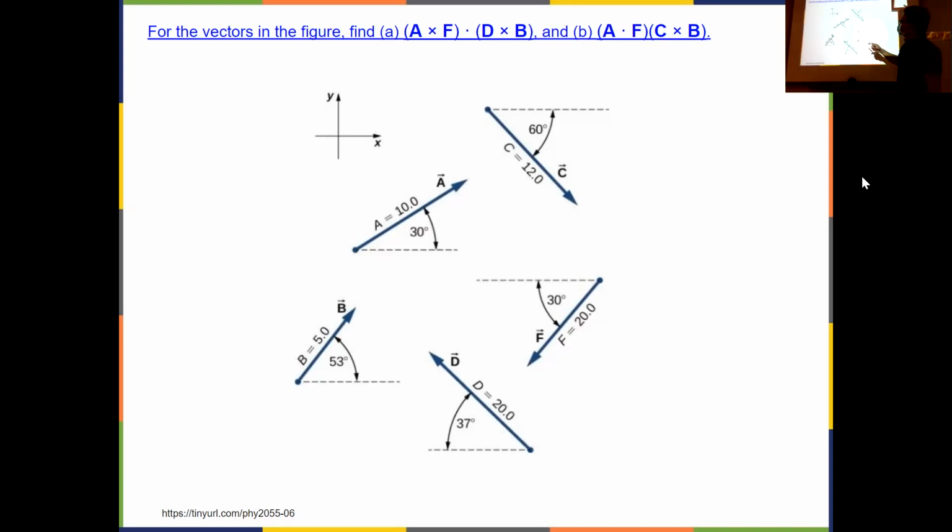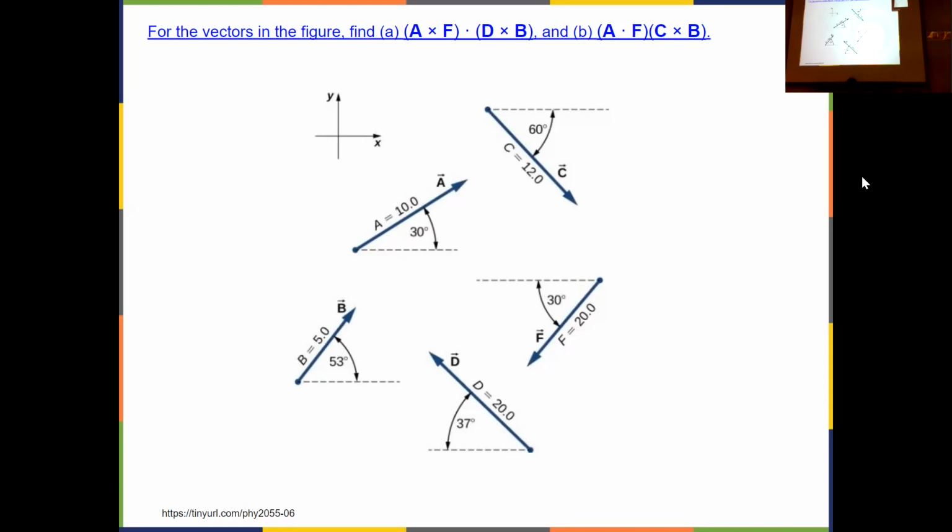So the angle between C and B should be 60 plus this 53, which is 113 degrees. So you'll be doing minus 200 from these two times 60 times sine of 113.